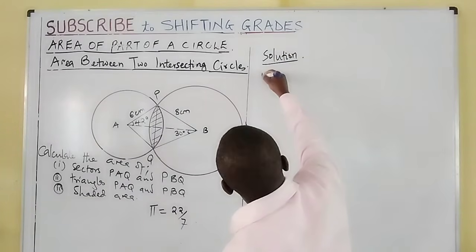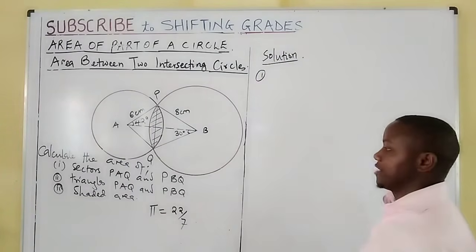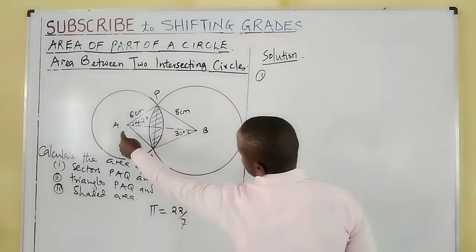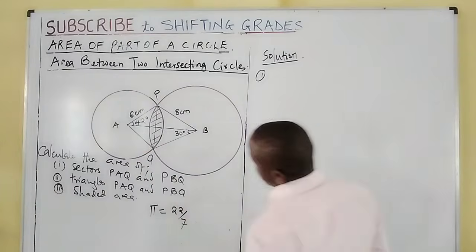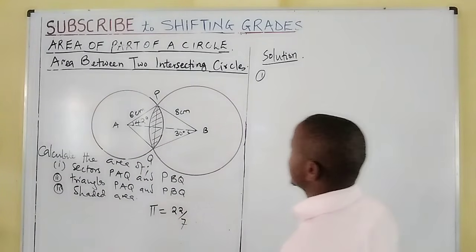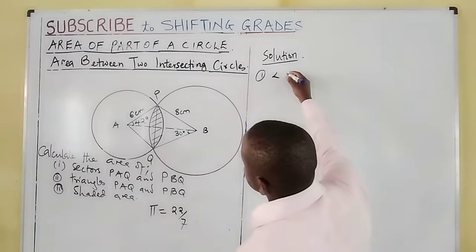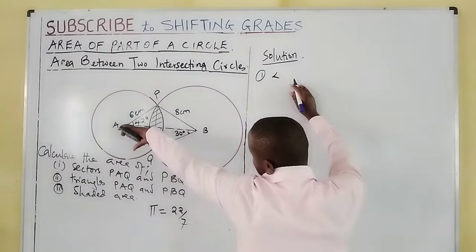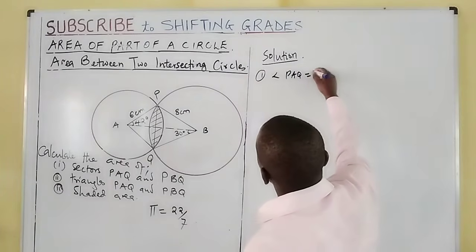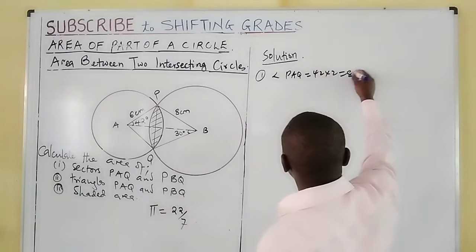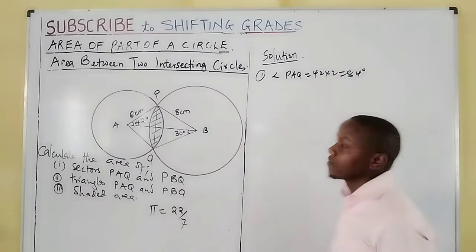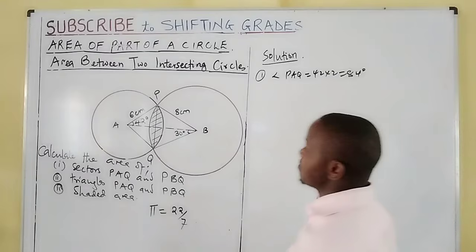Part 1: calculate the area of sector PAQ, the sector with center A. Therefore, first of all, the angle PAQ will be 42 times 2, giving us 84 degrees. Therefore, the whole of this angle is 84 degrees.